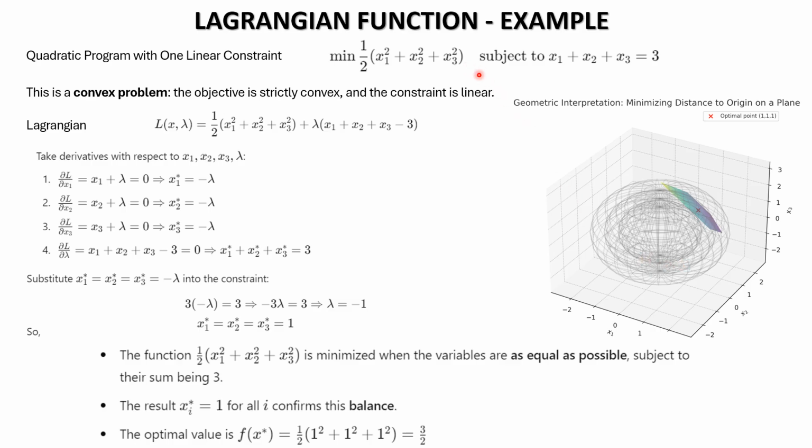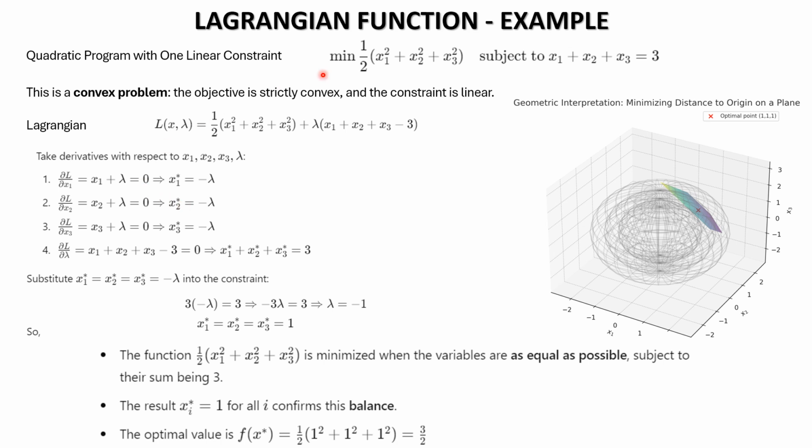And we minimize subject to the constraint x1 plus x2 plus x3 equal to 3, and this is the colored surface. I can name this the constraint plane. And the red dot here marks the optimal point x star with coordinates 1, 1, 1, where the sphere first touches the plane, minimizing distance to the origin while satisfying the constraint.